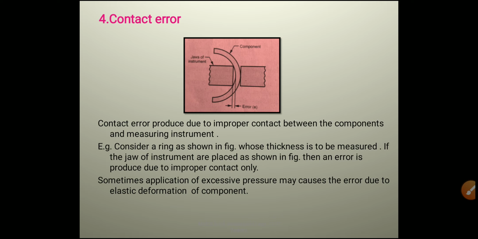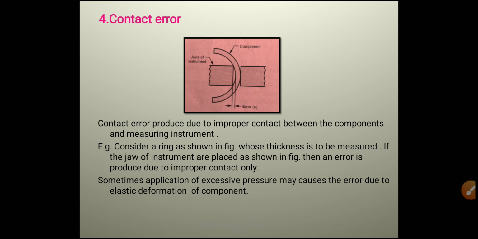The image shows we have to measure the thickness of a component, but the anvil or jaws of the instrument are not touching the internal arc of that component. Sometimes application of excessive pressure may cause error due to elastic deformation of the component. Such kinds of errors are called contact errors.